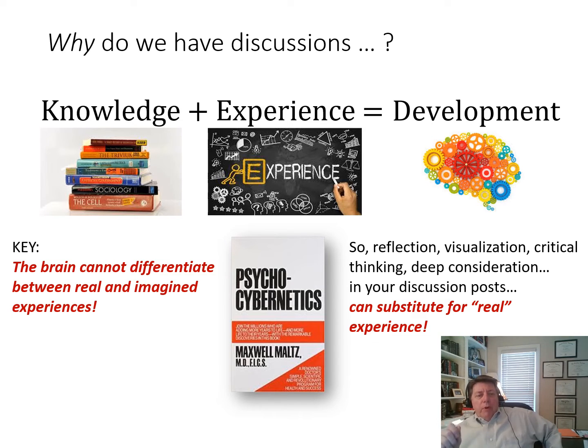So we give you an opportunity in the discussions to reflect, to visualize, to critically think about what you're studying, put it into the context of your past jobs or your current job, where this knowledge would have been applied somewhere in your past. Also key here in the discussion, you can learn from other people's experience.